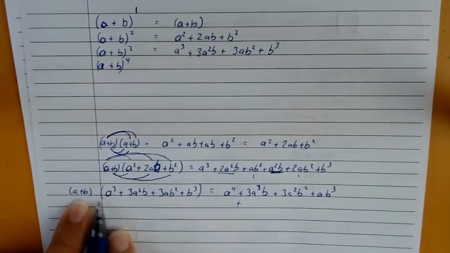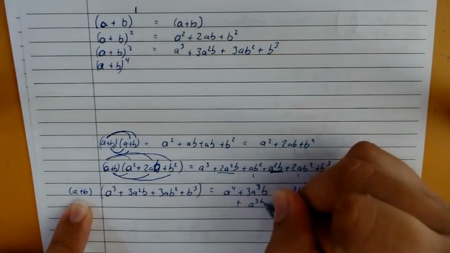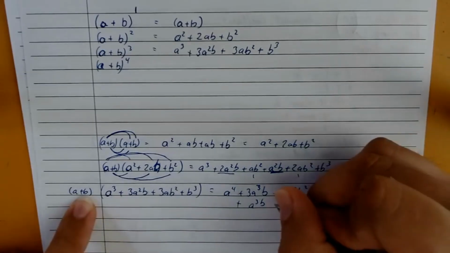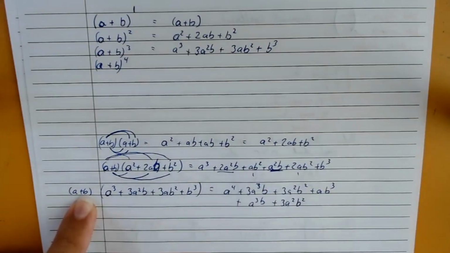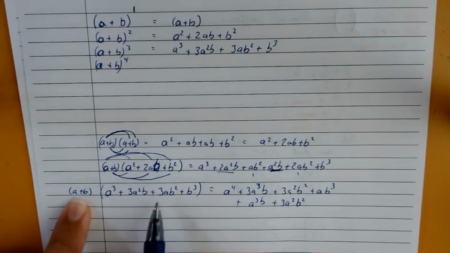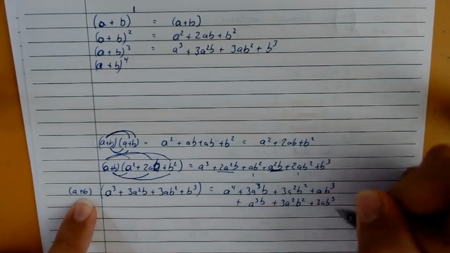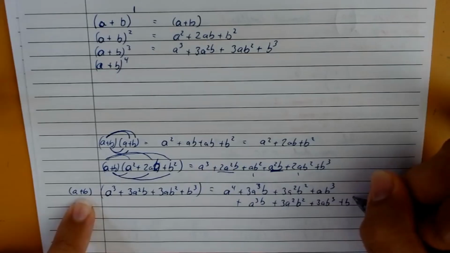Plus, let me do this one. That would be a cubed b. That would be 3a squared b squared. Notice those line up. And then that next one would be 3ab to the third. And finally the last one, b to the third times another b would be b to the fourth.